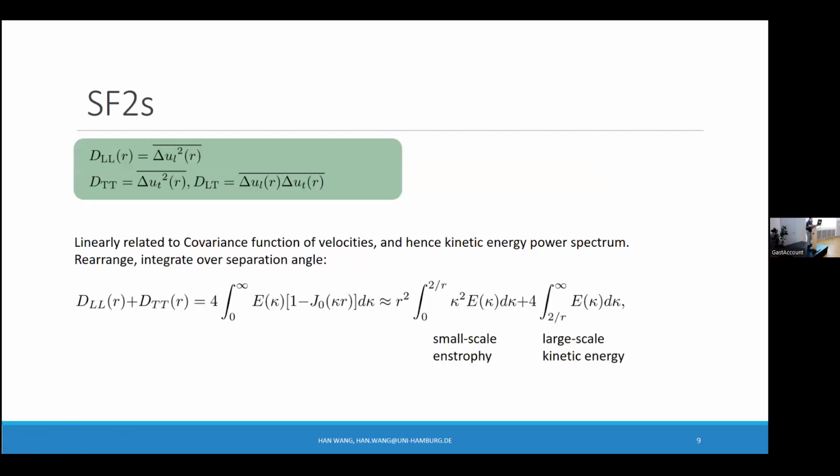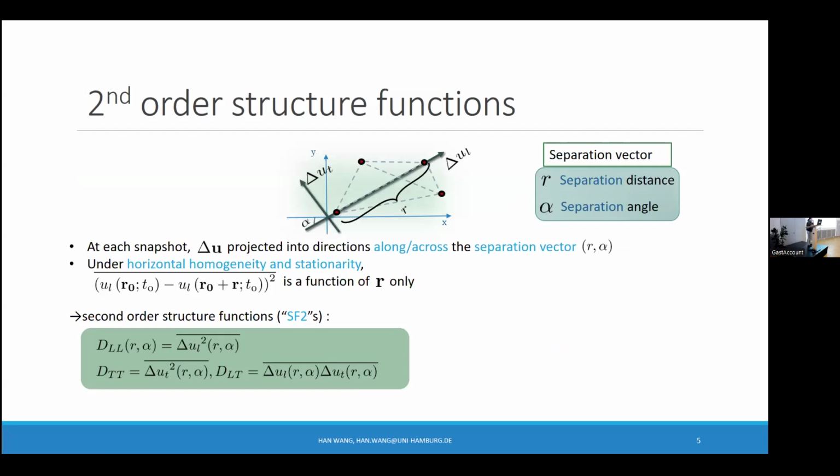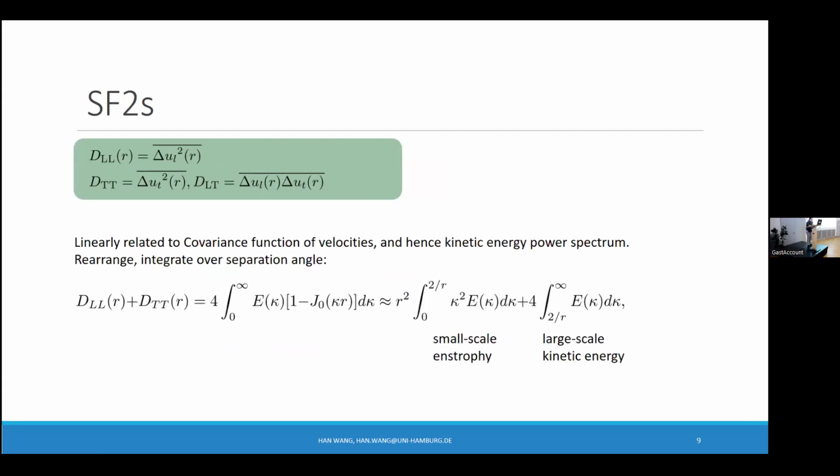However, if you look at the definition of second-order structure functions, since we average over all the time, we so far are not using any temporal information yet. This is one of the motivations for this project: we want to use the second-order structure function, but we also want to use the fact that the data has temporal information in them.